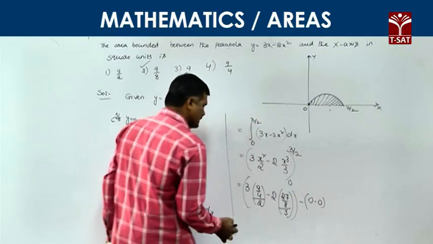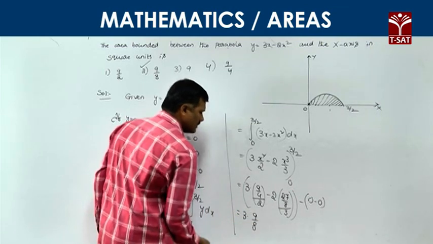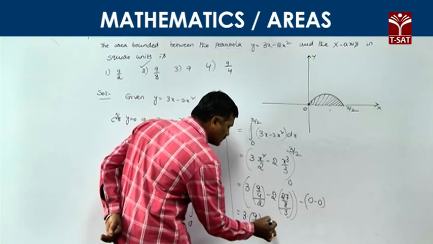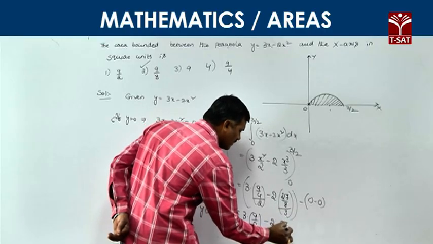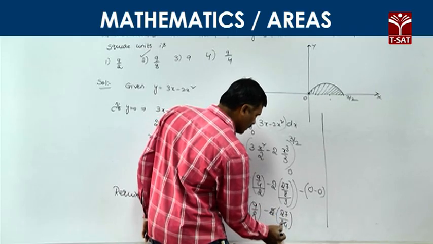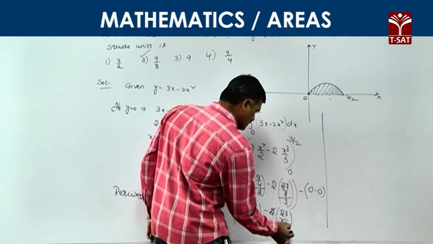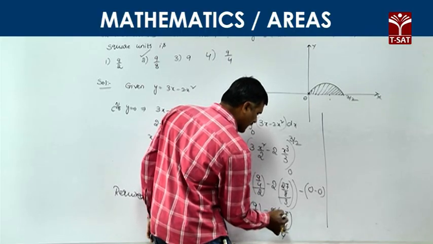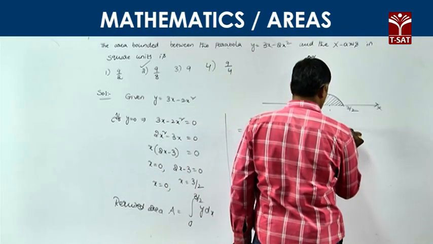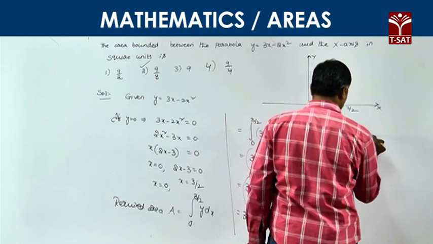So that is equal to 3 into 9 by 4 times 2, which is 8, and this 2 goes to the numerator. 3 into 9 by 8 minus 2 into 27 by 8 times 3, which is 24, and 2 cancelled in 24, 12 times. Here 3 fours are 12, 3 nines are 27, 3 into 9, 27 by 8 minus 9 by 4.